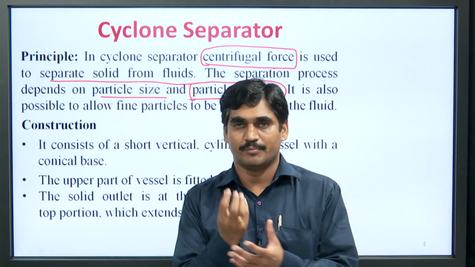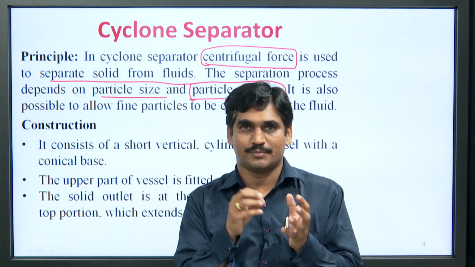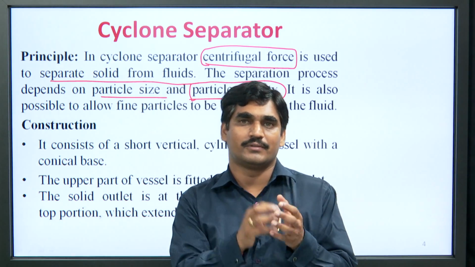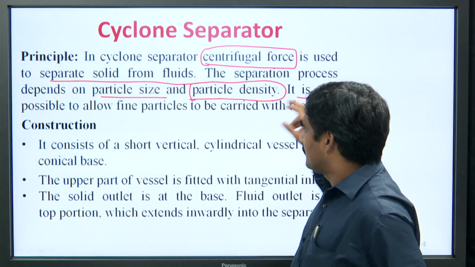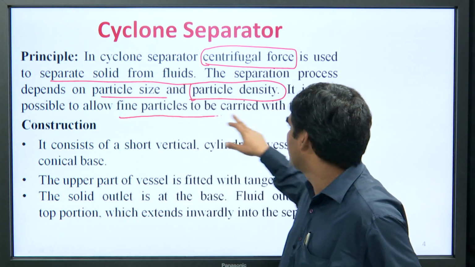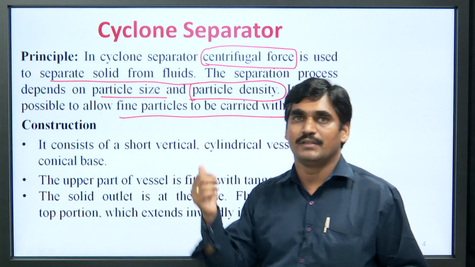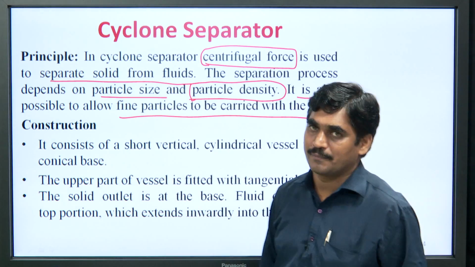We can say heavier particles or lighter particles; the smaller the size of the particle, the lighter it will be. It is also possible to allow fine particles to be carried with the fluid in the case of the cyclone separator apparatus.